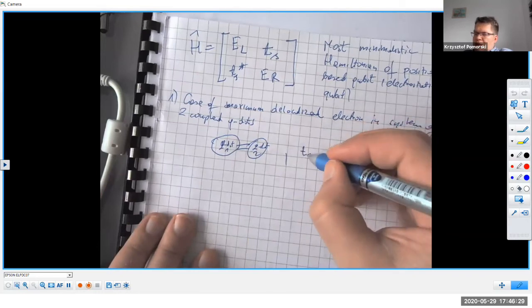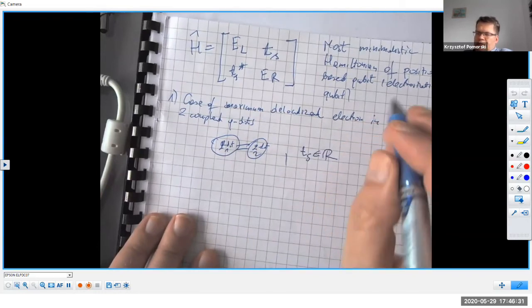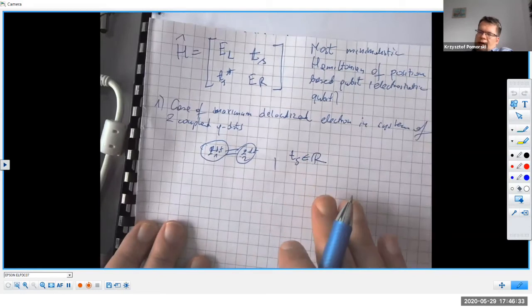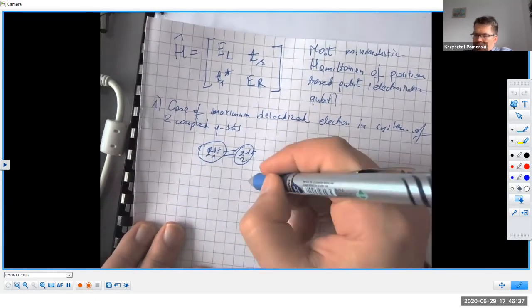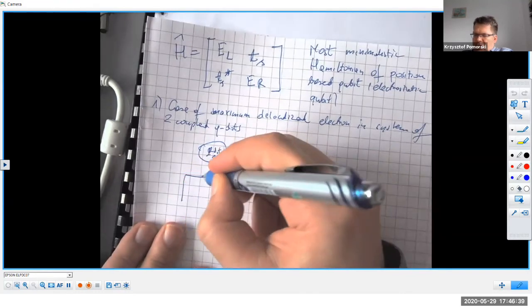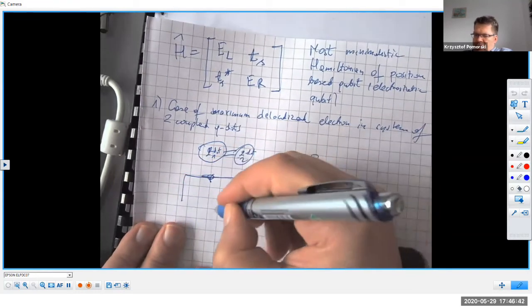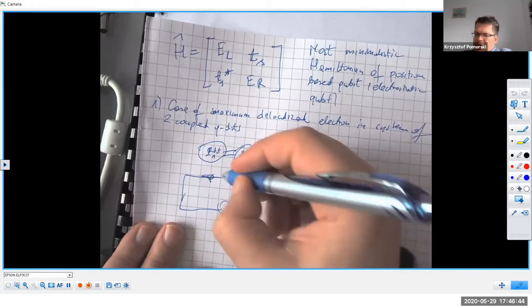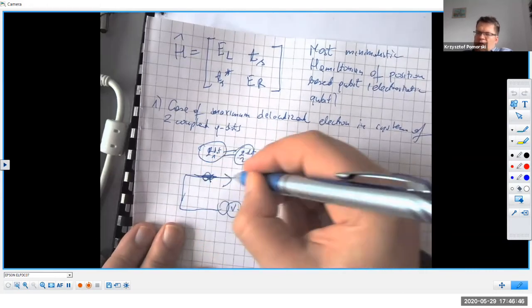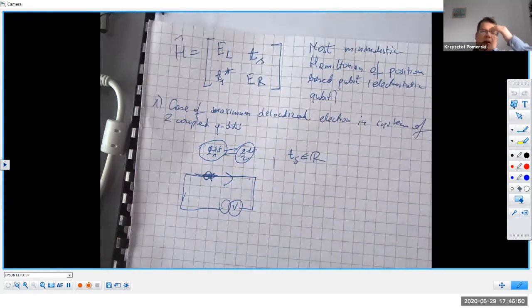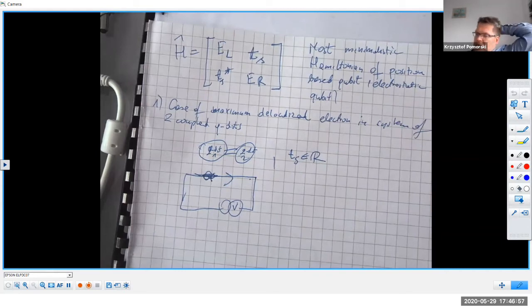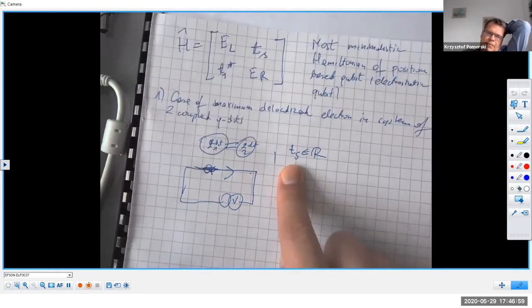I will at first make it real. TS becomes complex if we send some electric currents from outside; we can generate some phase imprint on the left and right quantum dot. And this phase imprint is due to the Aharonov-Bohm effect, so then this TS becomes a complex value.